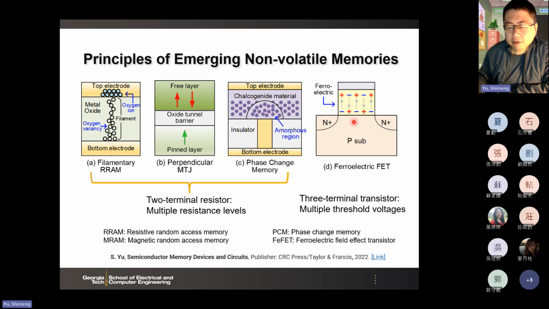Therefore, the channel threshold voltage will be tuned by the direction of the dipoles. So we can have different conductance of the channel depending on the threshold voltage. So then we can have multi-level states as well. So today we will focus mostly on the ferroelectric devices, and it's a three-terminal configuration. So the operation will be a little bit different from the two-terminal resistive memories.